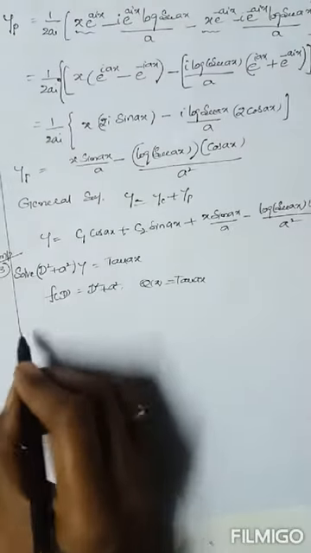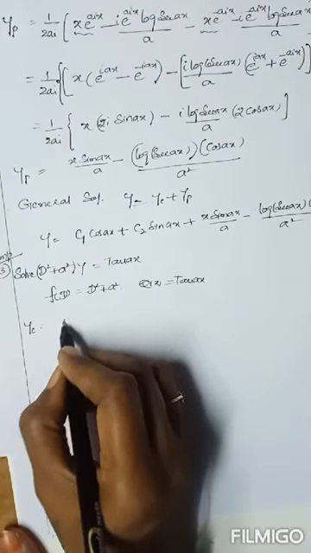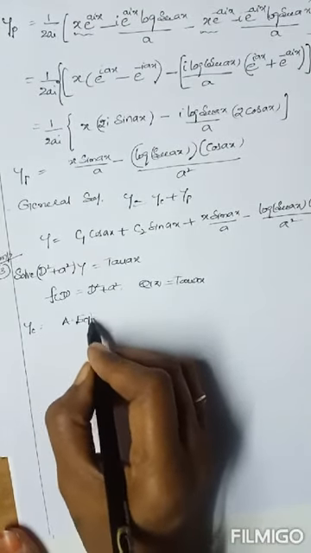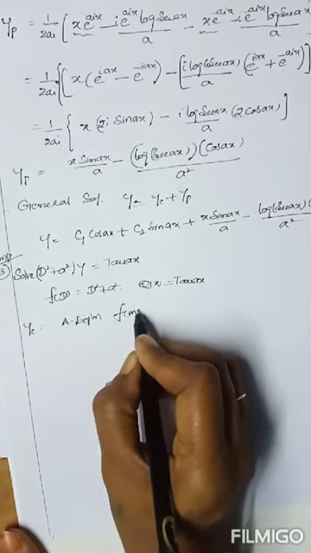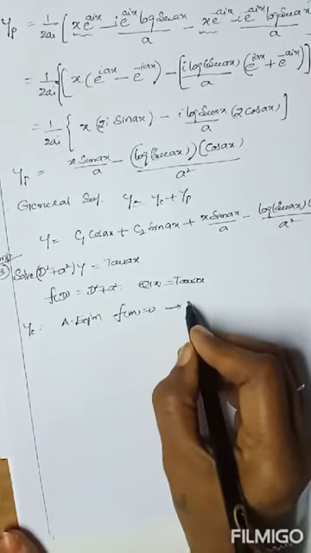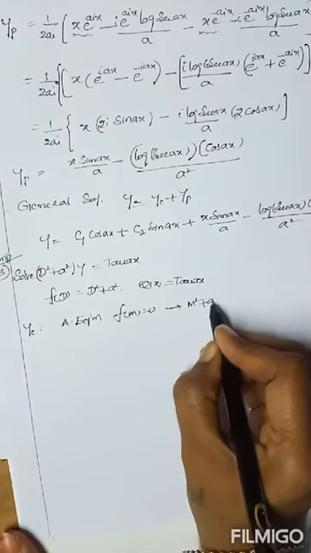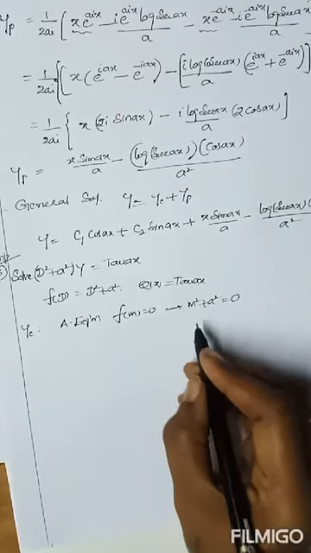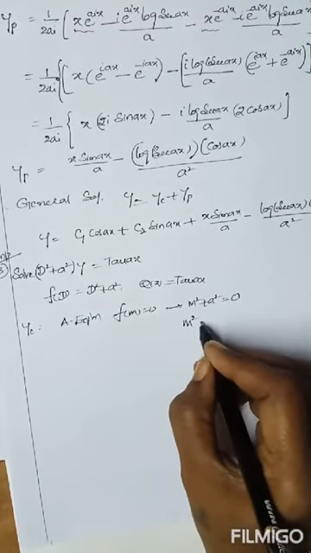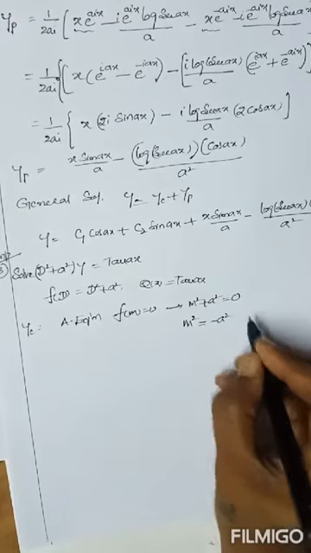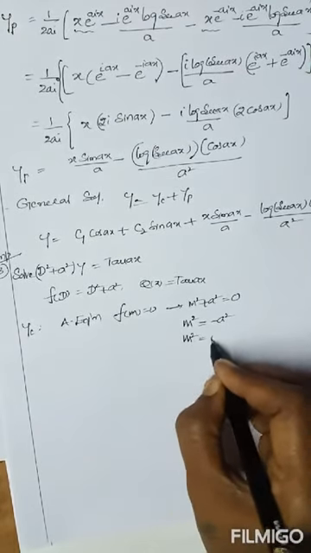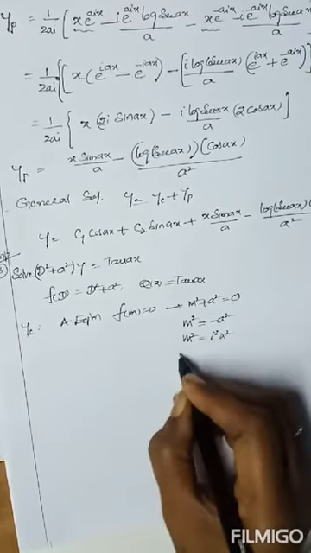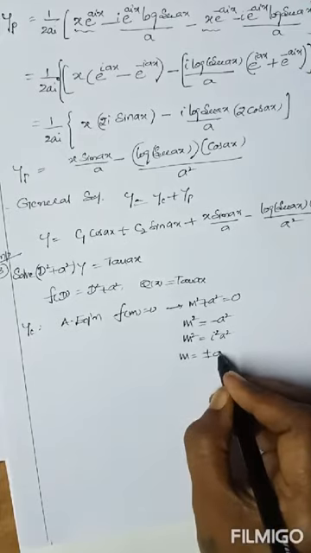After that, yc. To get yc, the auxiliary equation is f of m equals to 0. The corresponding equation is m square plus a square equal to 0. In the previous question also the same step is repeated here. So m square equal to minus a square, also written as m square equals i square a square, m equal to plus or minus ai.